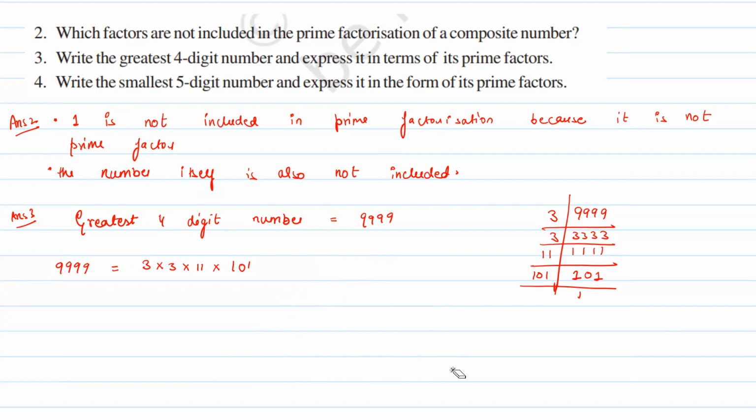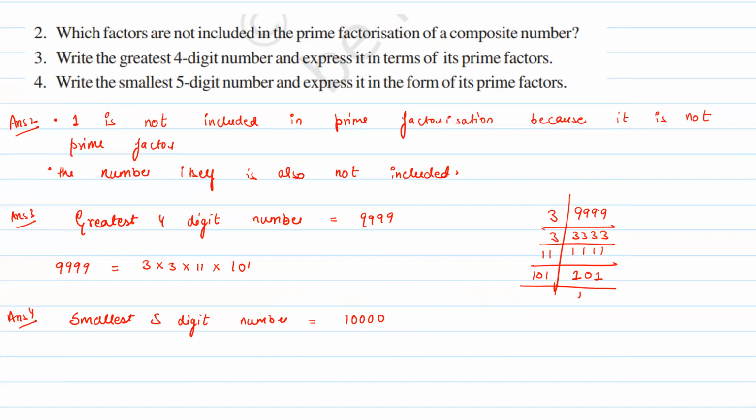Then coming to the next question, question 4 says, write the smallest 5-digit number and express it in terms of its prime factors. The smallest 5-digit number is 10,000. You can do it by prime factorization or by the factor tree method.